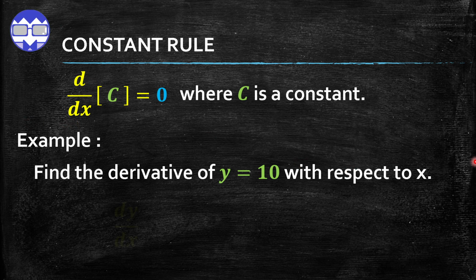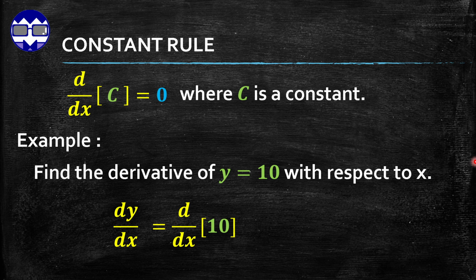We have dy over dx, the derivative of our function y, which is 10, so it becomes d over dx of 10 because of the derivative operator. We just put the answer as 0, and that's the final answer. Again, as long as it's a constant, the derivative is automatically 0.